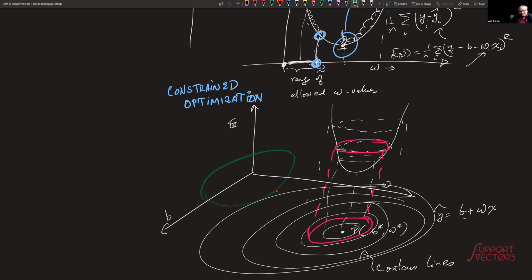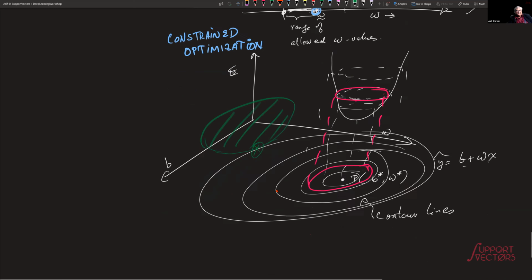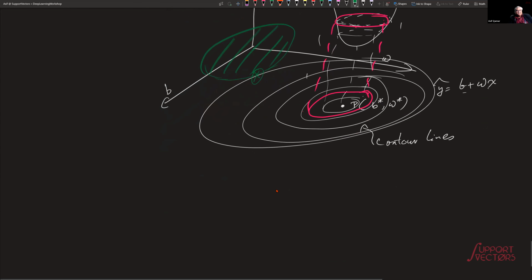I'm trying to draw the circle in the BW plane. Let's say that this is your budget, and you have to find the minima somewhere in here. What is the lowest point that you can find? Would you agree that the lowest point is here for the error? Let us draw it out in a two-dimensional plane, and this becomes obvious.